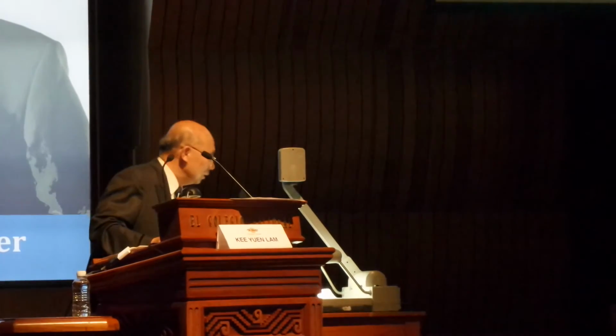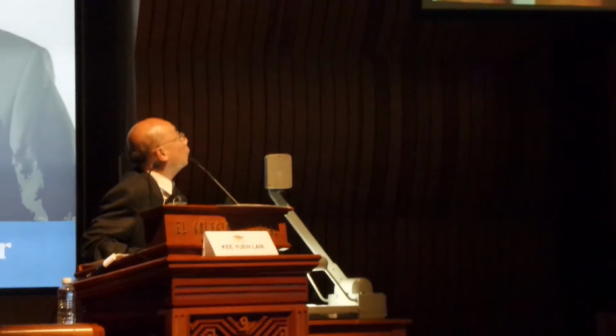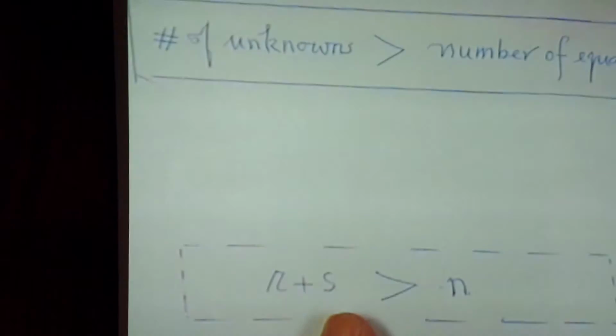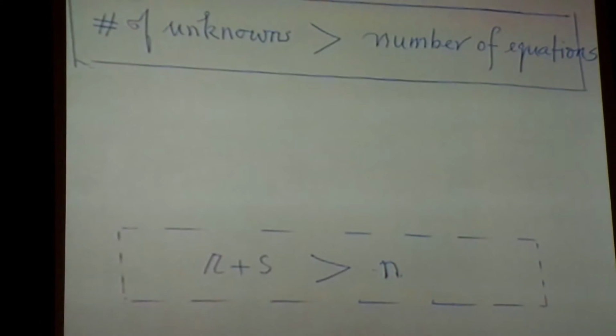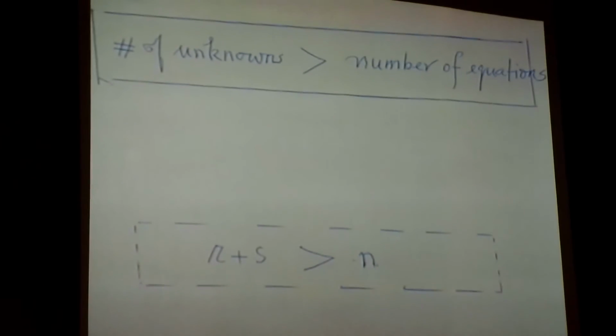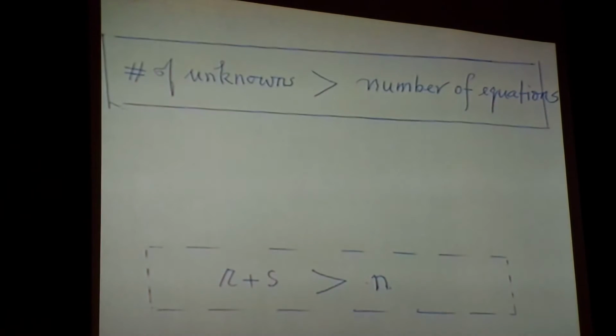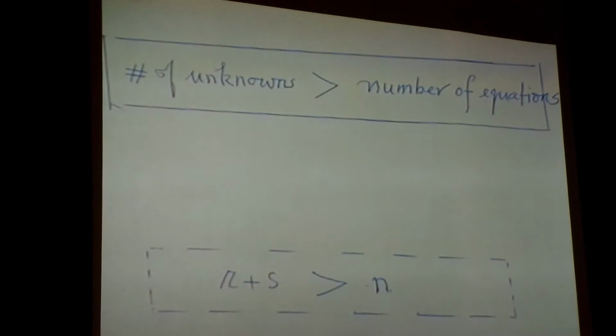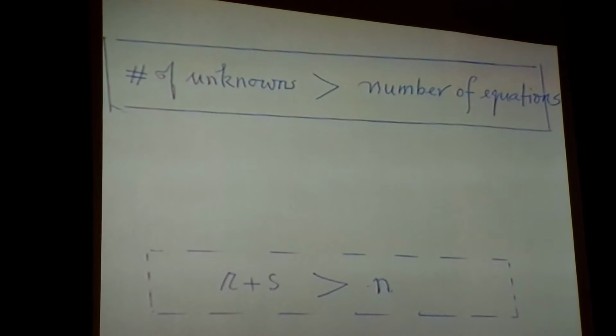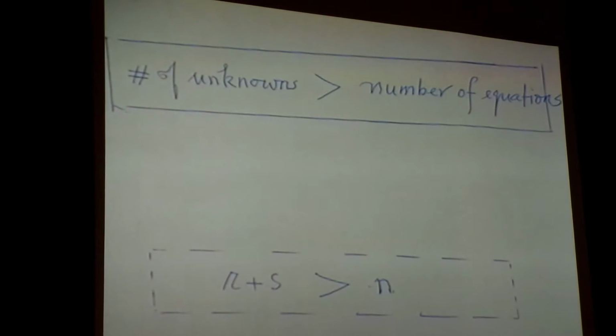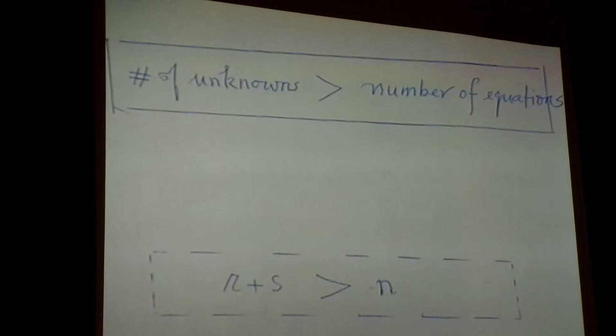Well, we had our experience. So how about we do something like before? We learned from the linear case that we can get a good numerical guarantee by imagining that the number of unknowns exceeds the number of equations. In the current system, the number of unknowns is r plus s, the x's plus the y's, and the number of equations is n.